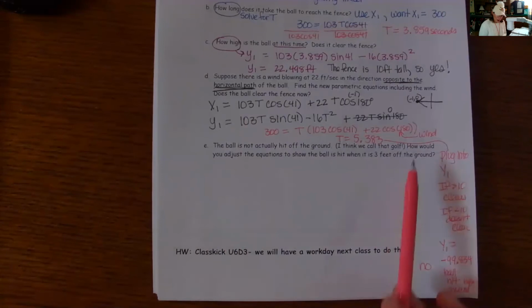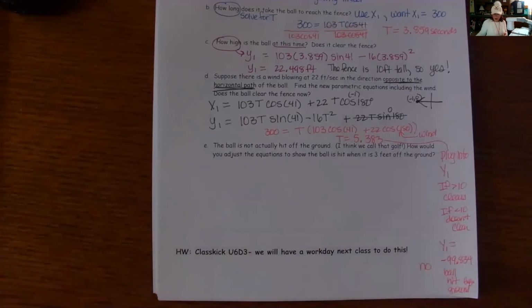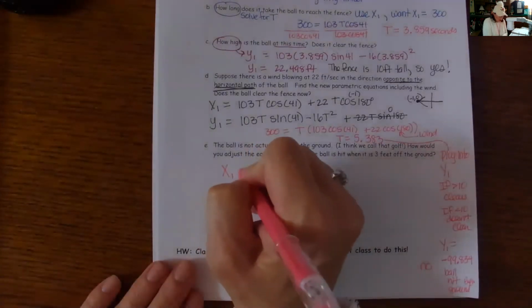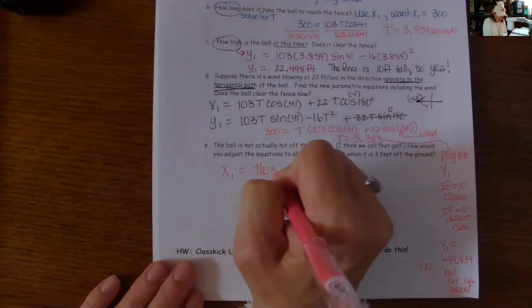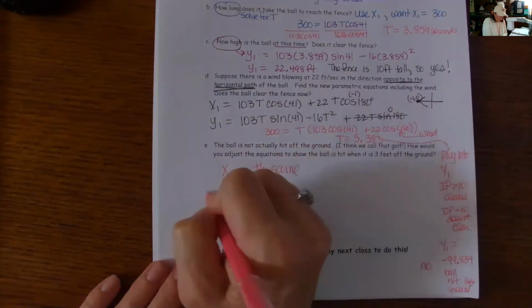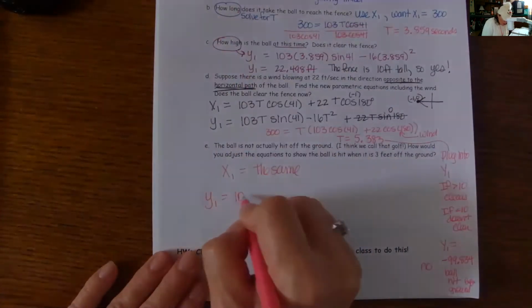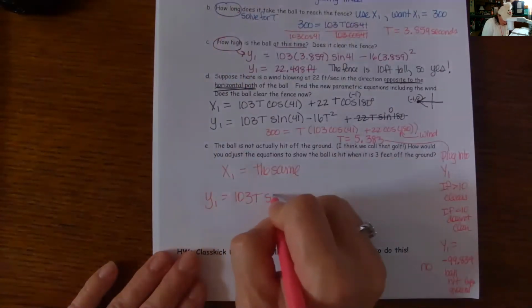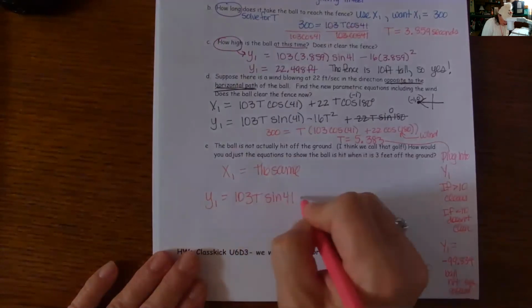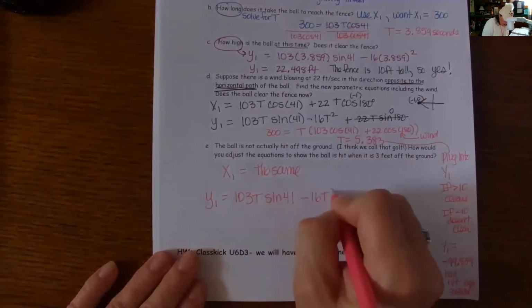How would you adjust the equations to show the ball is hit when it's 3 feet off the ground? Is that going to affect x or y? Yes. x1 equals the same. What's the y1? Well, is this all going to be the same? 103t sine 41 minus 16t squared.